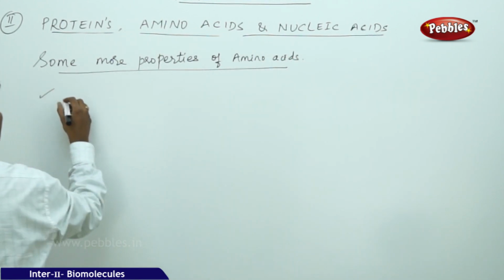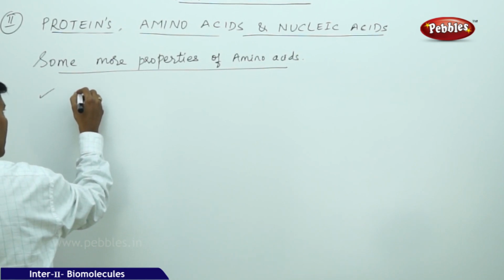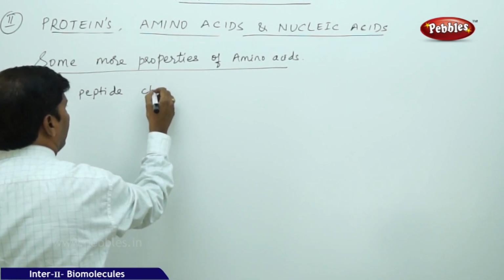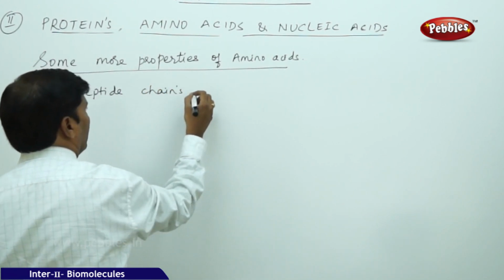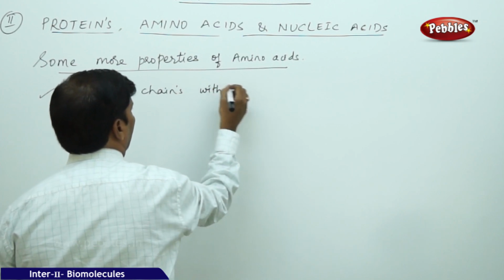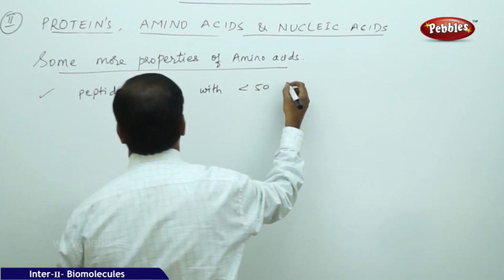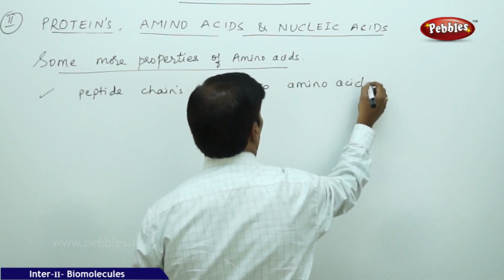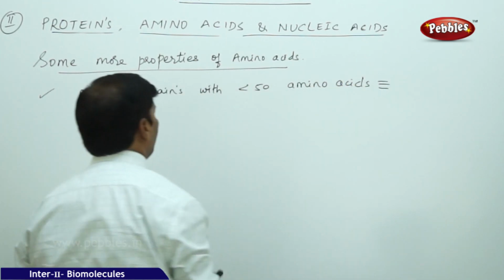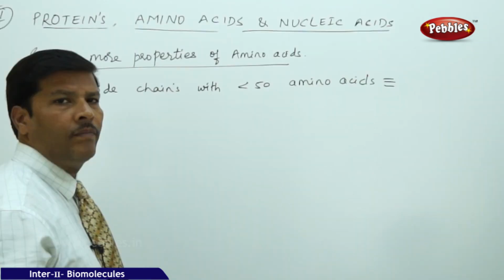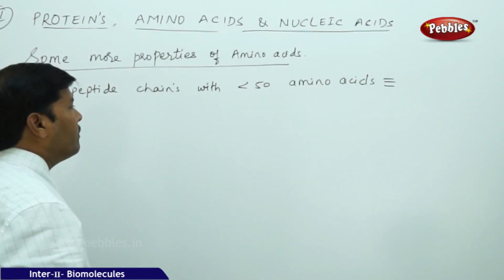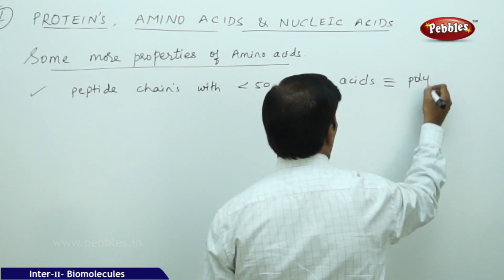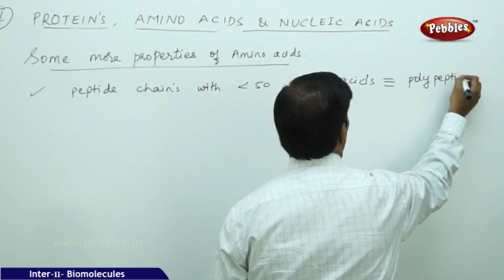Peptide chains with less than 50 amino acids are called polypeptides.